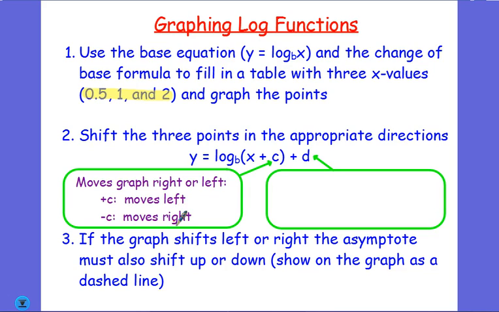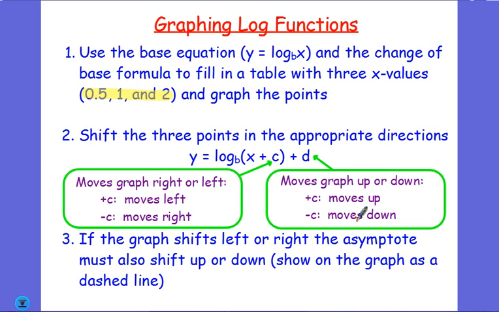If it's negative C, it goes right. That's the opposite one. With your plus D, this moves your graph up or down. If it's a plus D, you move up. If it's a minus D, you move down. We've seen these rules now for 3 other graphs. So hopefully by now you've kind of gotten used to them.